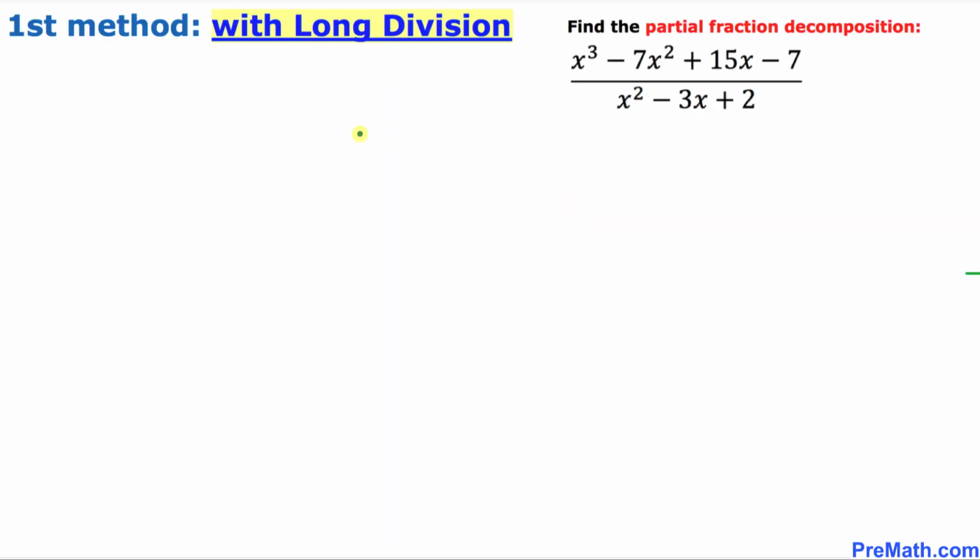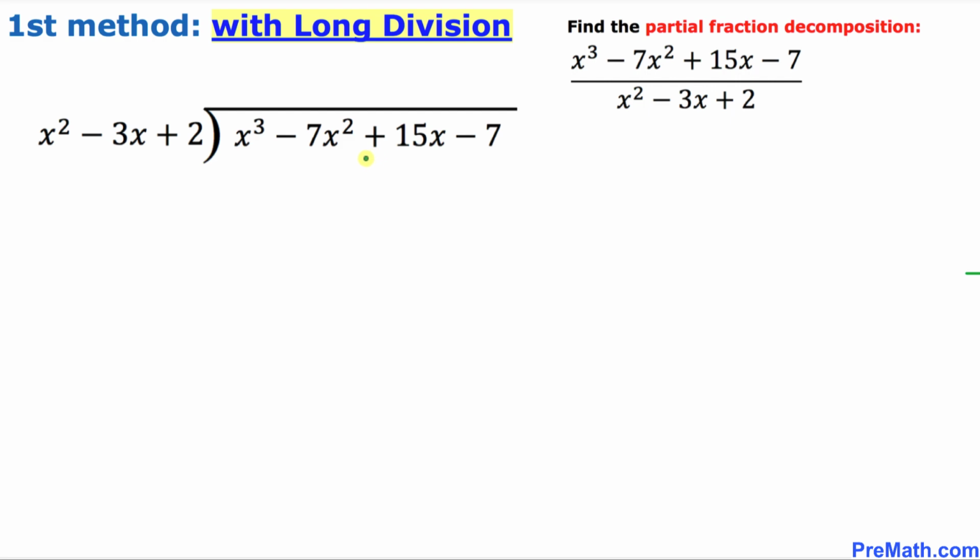So let's go ahead and get started with the very first method, with long division. And here is our rational expression, and here is the long division that we are going to perform.